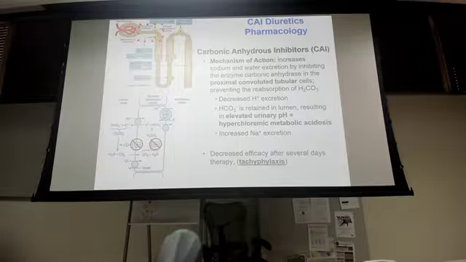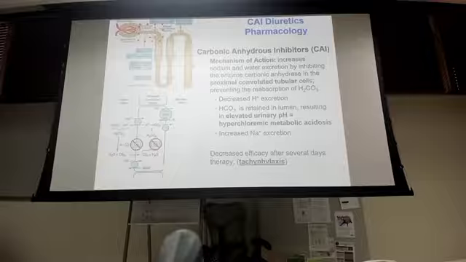Urine's alkaline, blood is acidotic. If you can just remember those two things, you got CIAs. Right? Urine's alkaline, and you're going to have metabolic acidosis due to the hyperchloremic metabolic acidosis. It's in bold on your slide. So the urine pH is going to be up.